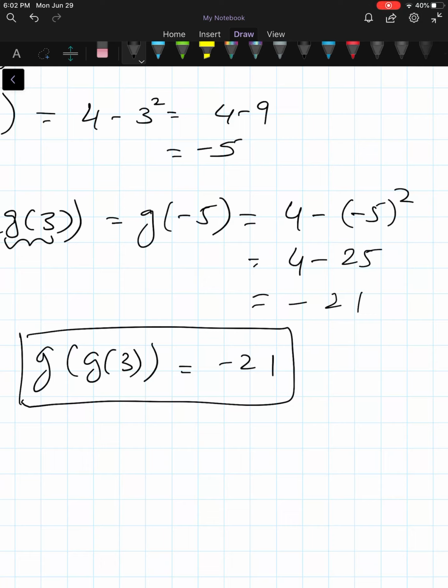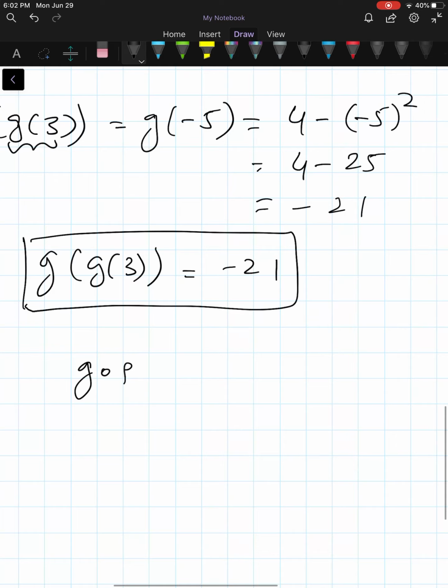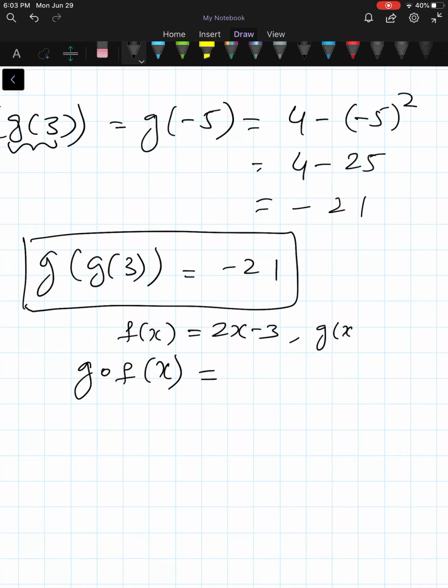Let us do it for two different functions. Let us do this, g of f of x for the same functions, where f of x is 2x minus 3 and g of x is 4 minus x square.